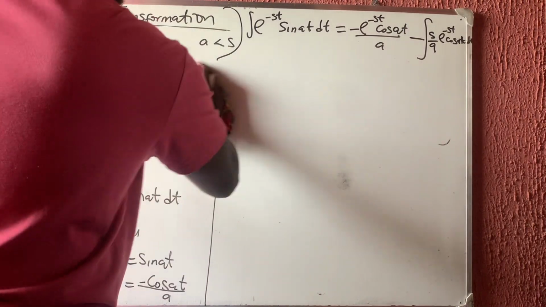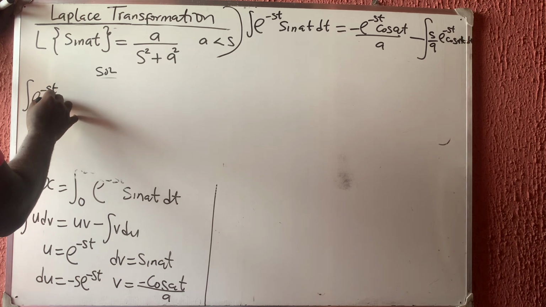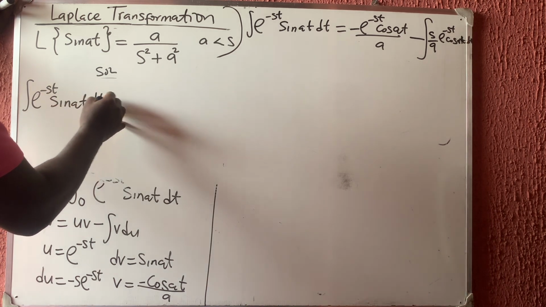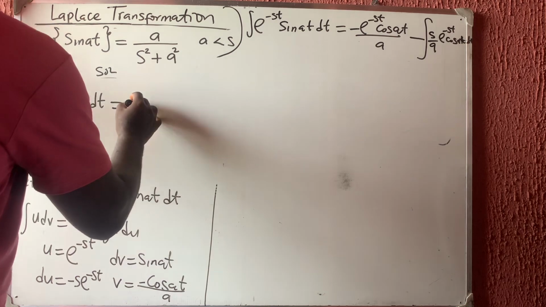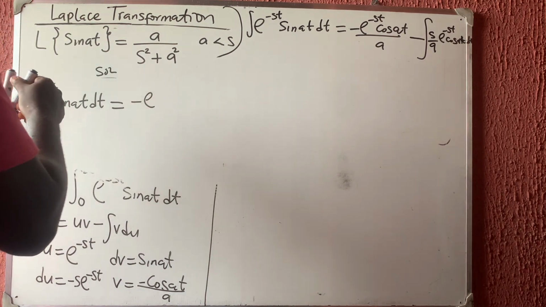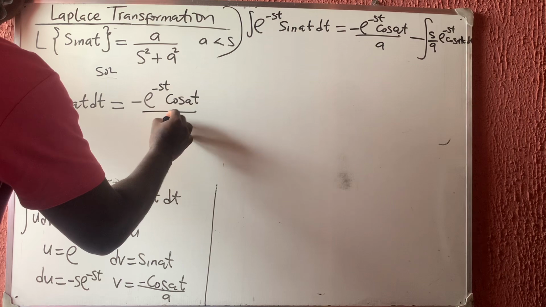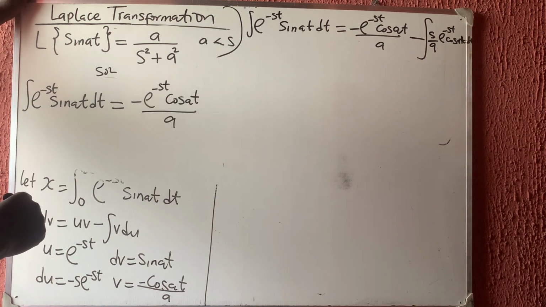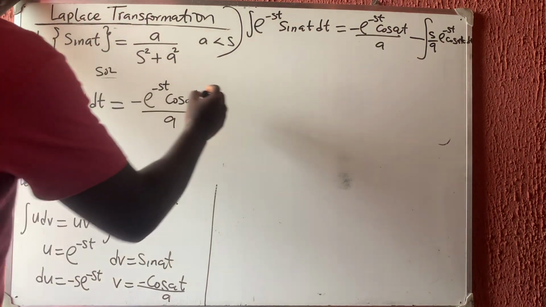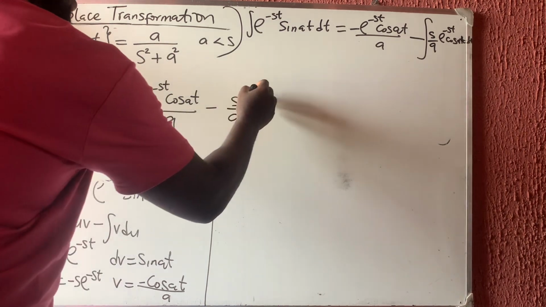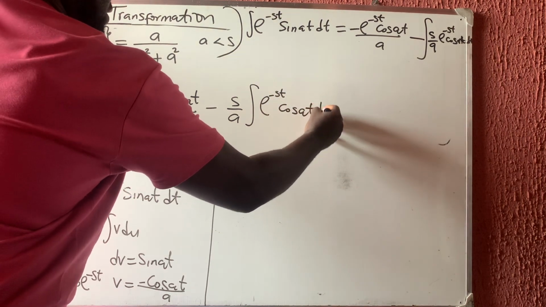So we have the integral of e raised to power minus st sine at dt is equal to minus e raised to power minus st cos at over a, then minus s over a, which is the constant I have here, times the integral of e raised to power minus st cos at dt.